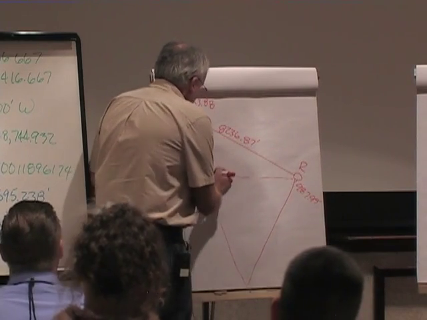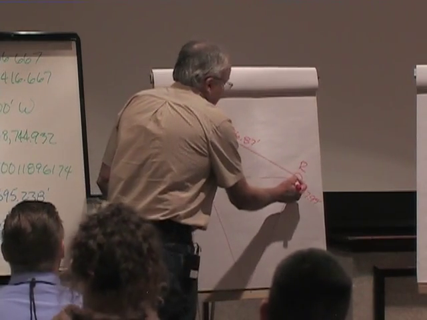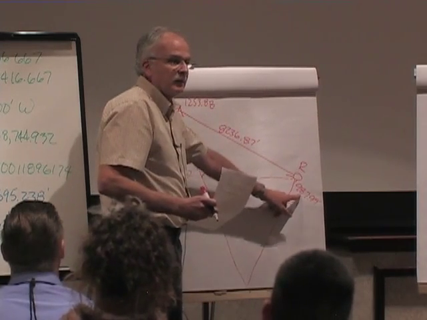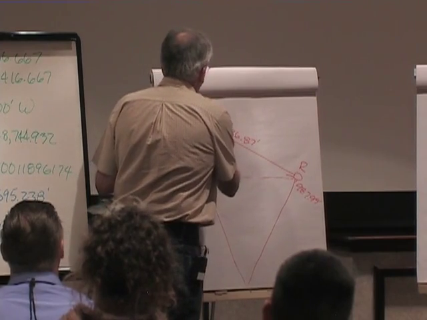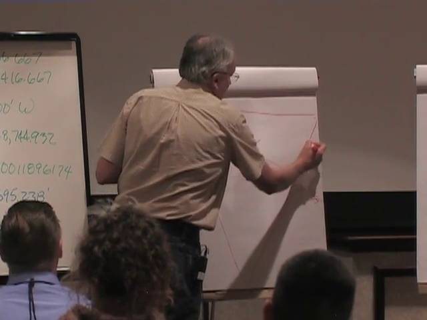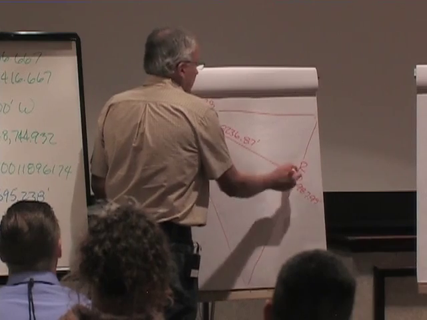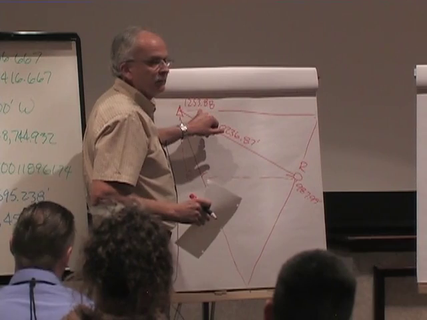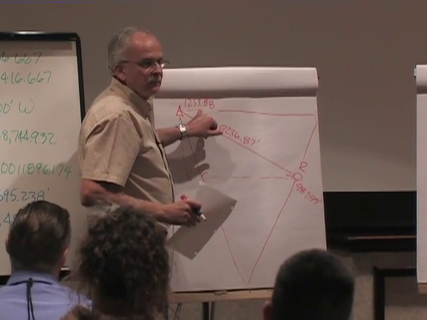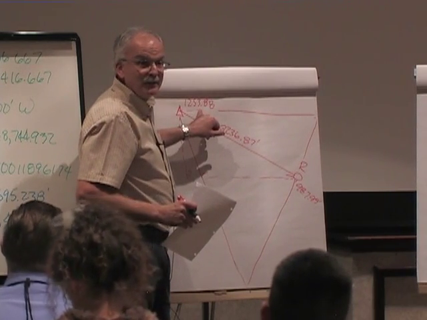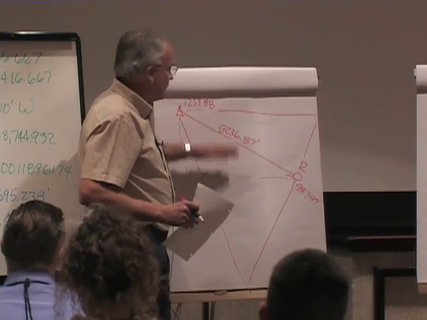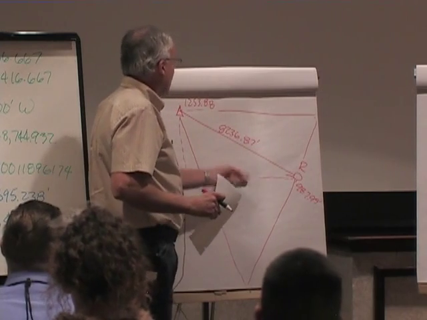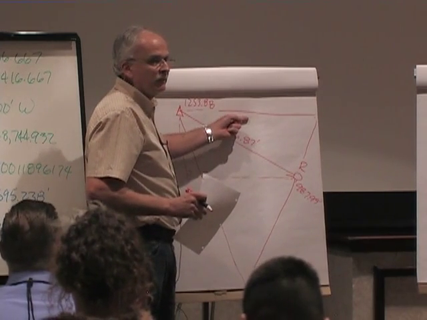So, the horizontal distance from Bernardino to Riverside at the elevation of Riverside is different than the horizontal distance between Bernardino and Riverside based on the elevation of Bernardino. Used to be called the elevation factor. Okay, this is what's going on. The horizontal distance will vary depending on the elevation.